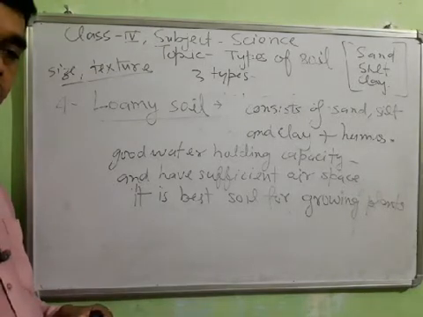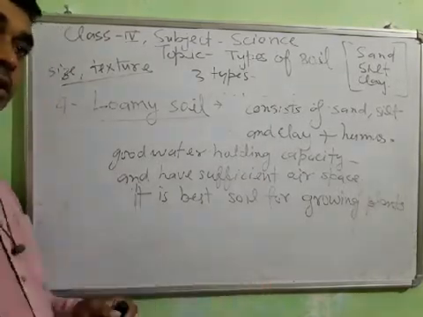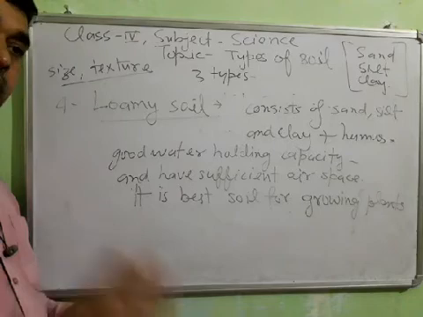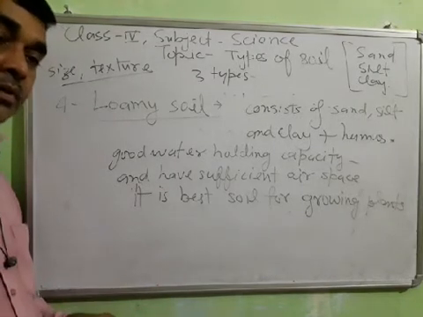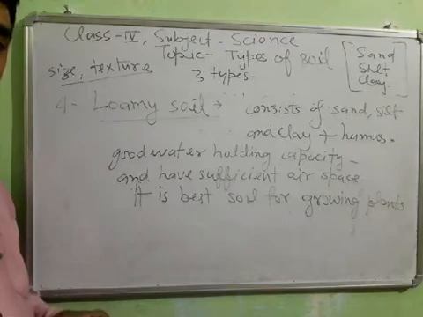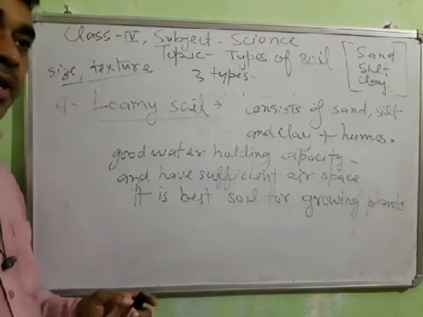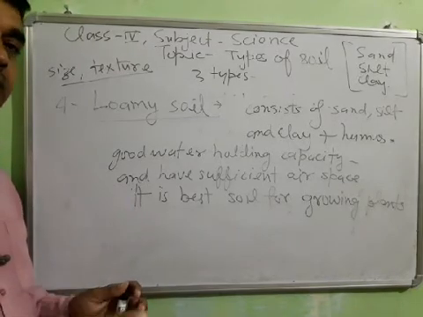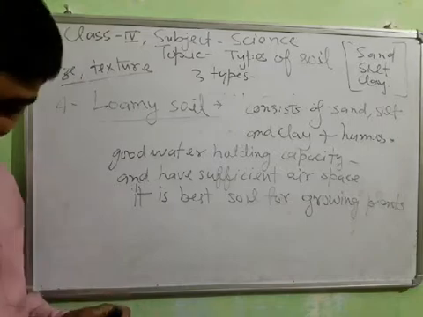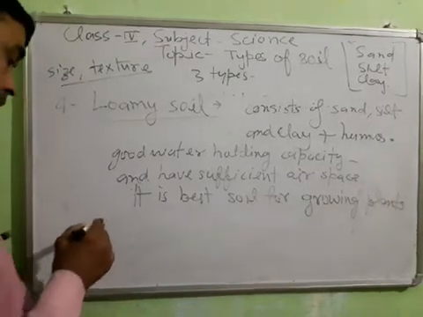Upper surface, then this layer is found, then another surface is formed. So we will explain how many layers are found in the soil. Soil profile refers to the layers of soil.